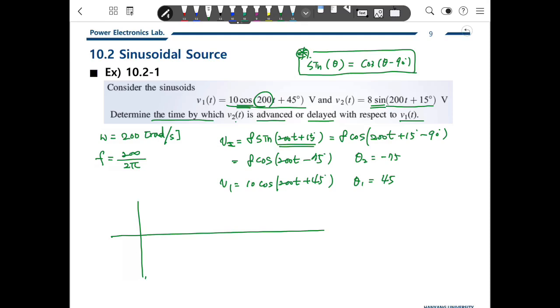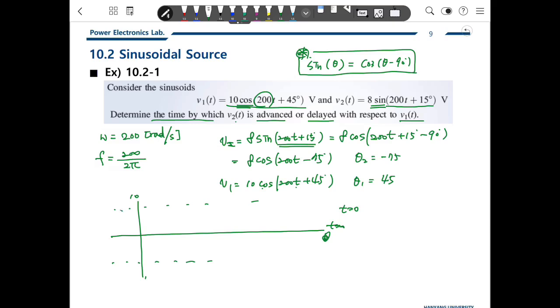So anyway, we can change that, this is kind of the theta. Then when t equals 0, that will be 0 because cosine 45. So there's a peak if this is 45.